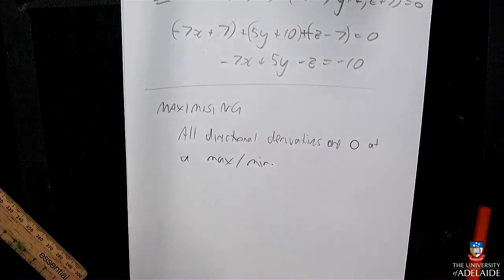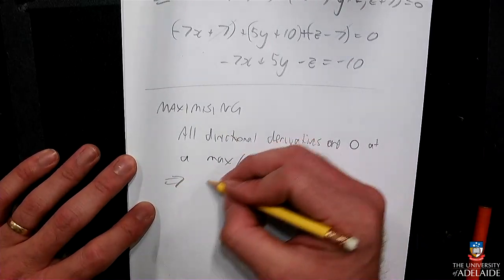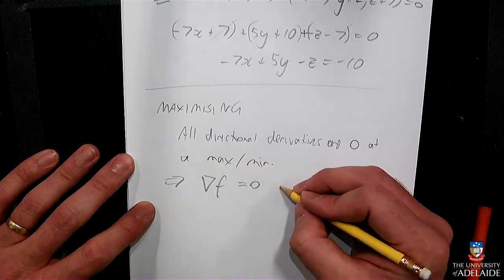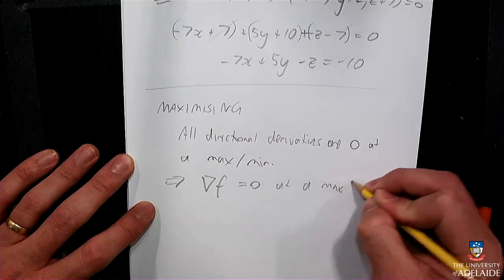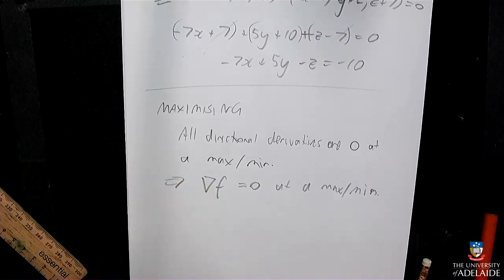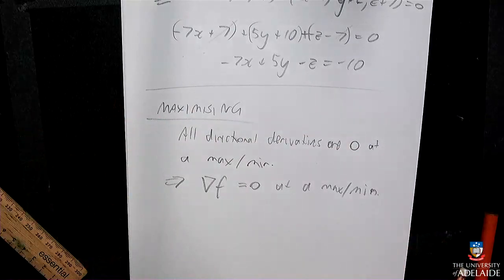There are other places where all the directional derivatives are 0 as well, so it doesn't guarantee it. Now that's true with 3D functions or 2D functions or 1D functions, and so if you want to find where the maximum is, then you need to find the gradient and figure out all the combinations of x and y where it's 0.